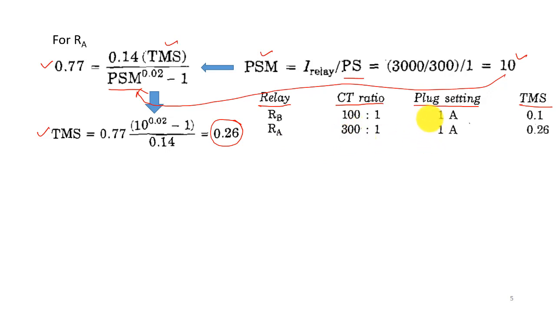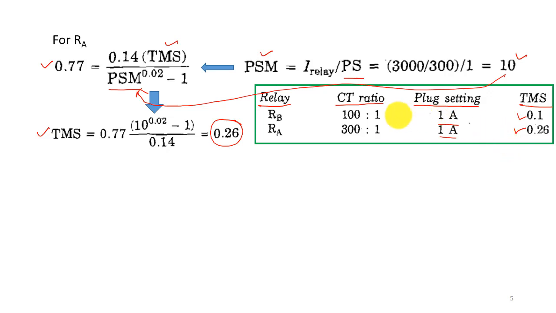Similarly, for clock setting we have taken 1 ampere for both relays, and we found TMS for relay B as 0.1, that is the instantaneous setting, the minimum setting, and for relay A it is 0.26. Now this is your result.